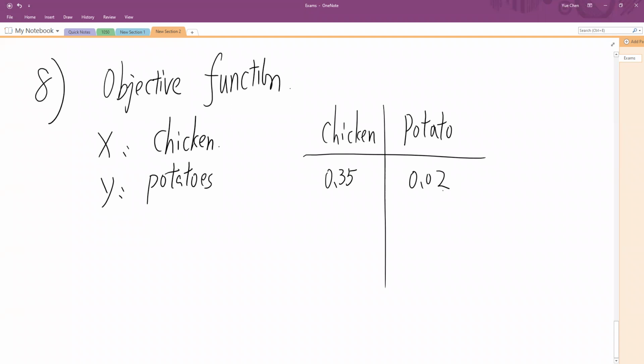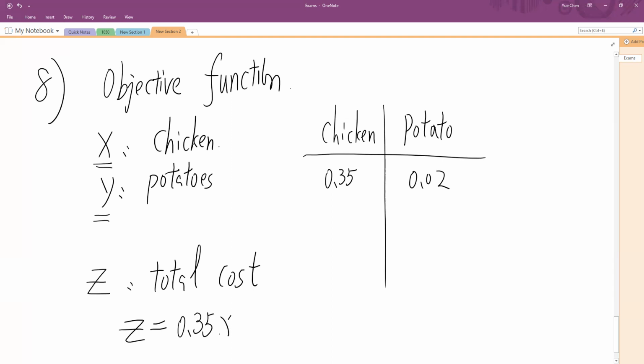Okay. Then what is the objective function? The objective function describes the total cost. So we purchase x ounces of chicken and y ounces of potatoes. So what is the total cost? We use z to represent the total cost. So z equals what? 0.35 times x, right?